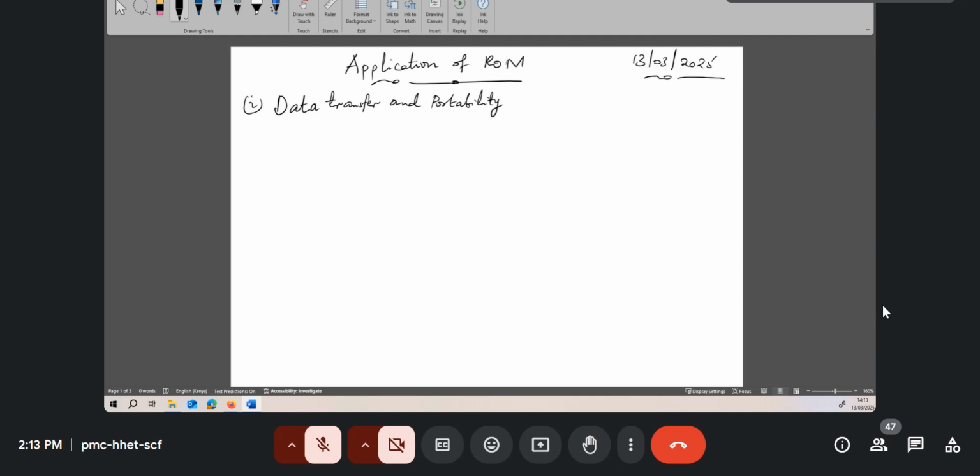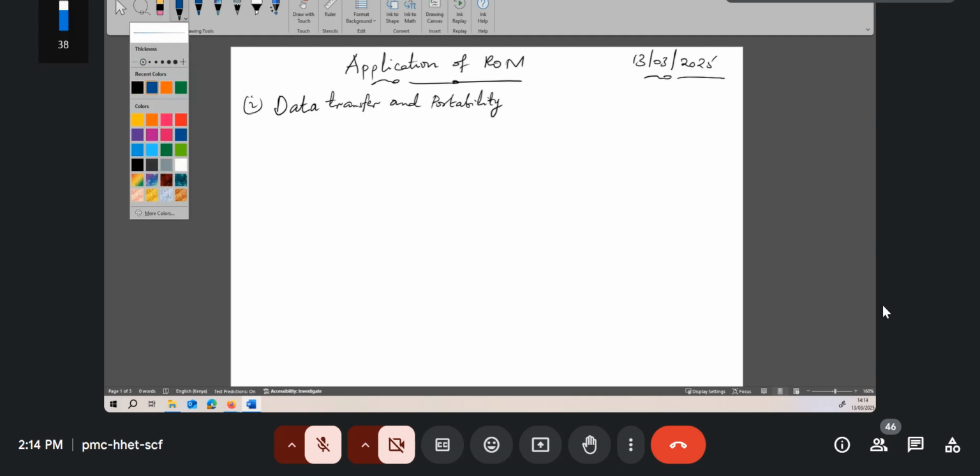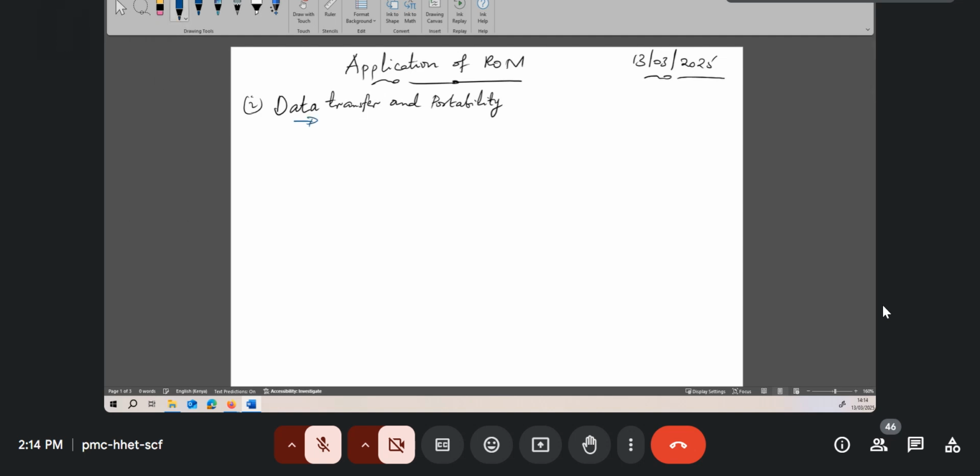We'll just be highlighting; we don't need to spend much time here. So here you have your USB drives, especially for portability.